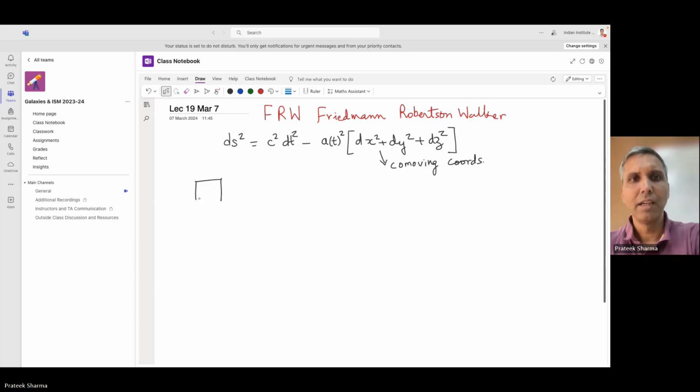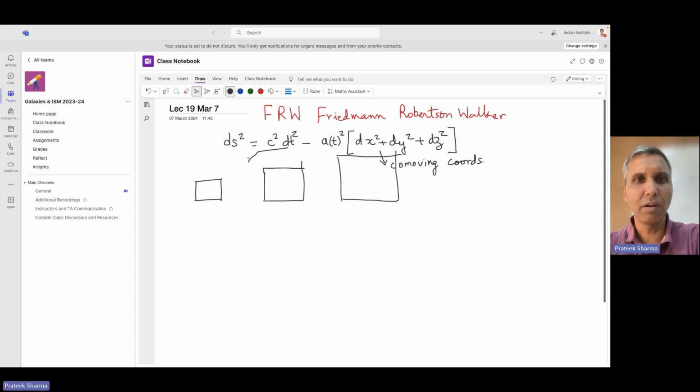If you had a little volume like this at an early time, with time this volume expands isotropically to bigger and bigger size. This t is called cosmic time, and these are co-moving coordinates. So this is the physical picture.